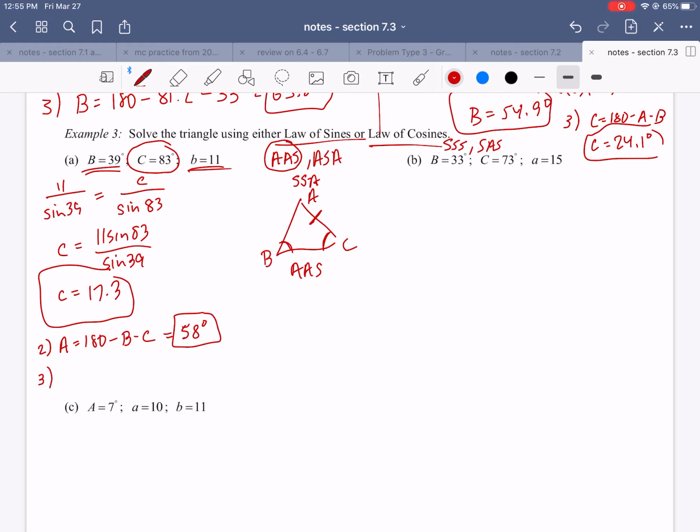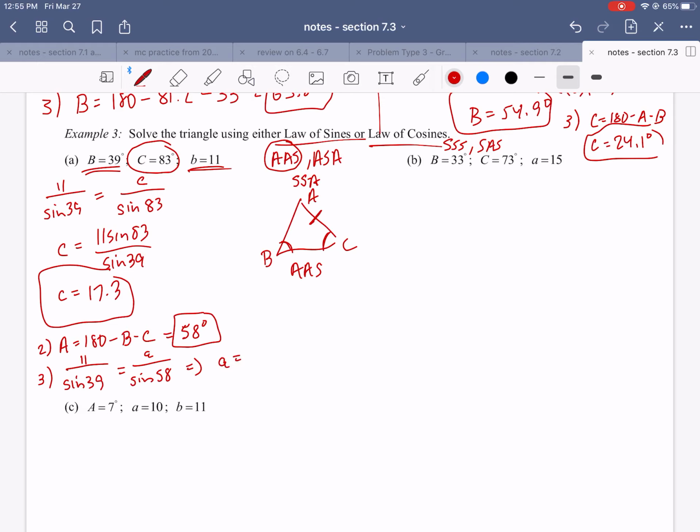And now the last thing we need to do here on example A is find side little a. So again, I'm going to use that given ratio, 11 divided by sine of 39. I'm going to set that equal to the a ratio, which is little a divided by sine of capital A, which I figured out was 58 degrees from step 2.